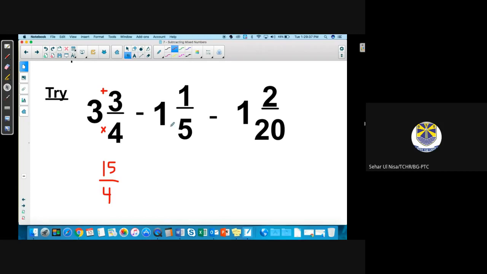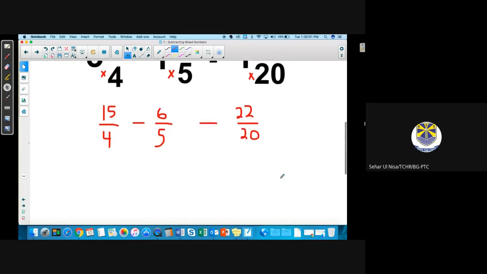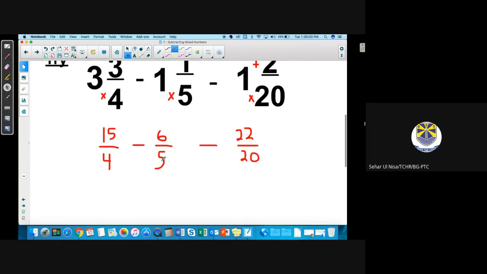In this one, we multiply 1 times 5, which is 5, plus 1 at the top, and we get 6 fifths. And in the last one, 1 times 20 is 20, plus the numerator is 22 over 20. Okay, so now we have all of our improper fractions made.